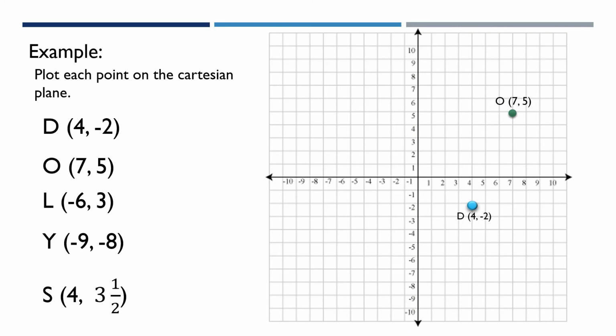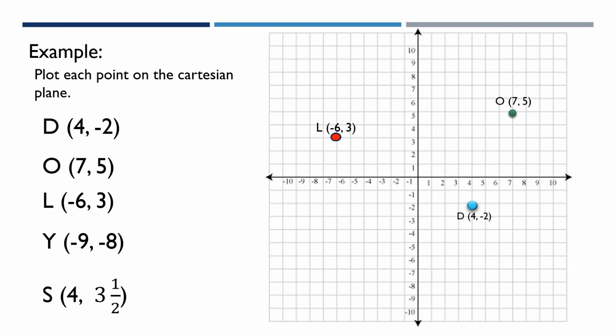Next point is point L. Again, starting from the origin and moving 6 units to the left since it is negative, then 3 units upward since the y value is positive. Then we have it, point L with the coordinates negative 6, positive 3.